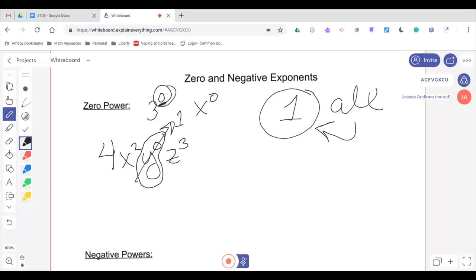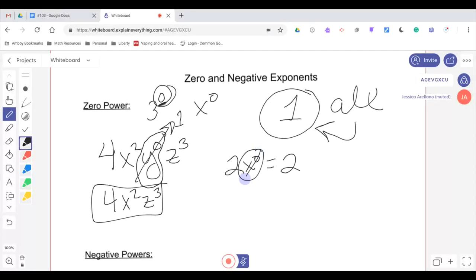And if you think about it, if I'm multiplying all of the rest of this stuff by 1, it's really just going to become 4x squared z to the third. Right? If I have 2x to the 0, that's just going to become 2, because that x to the 0 is going to become a 1, and 2 times 1 is just 2.